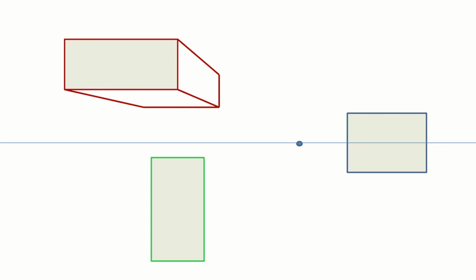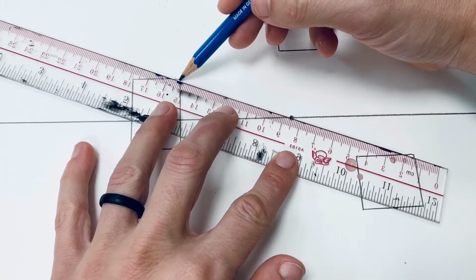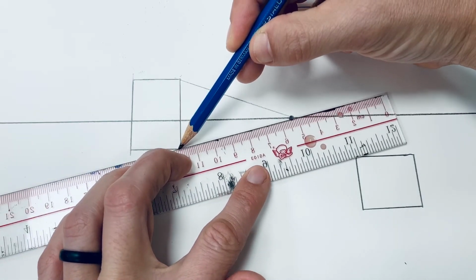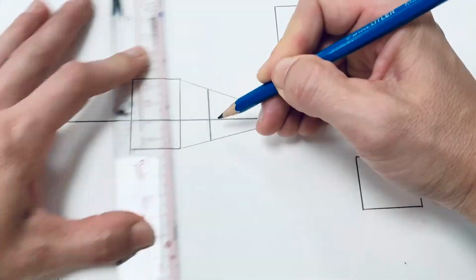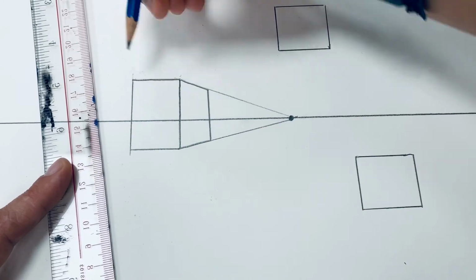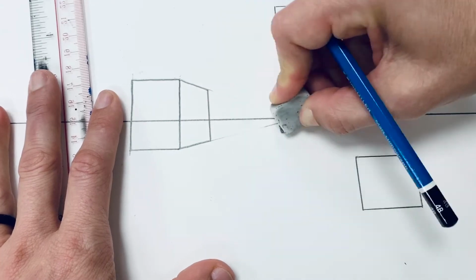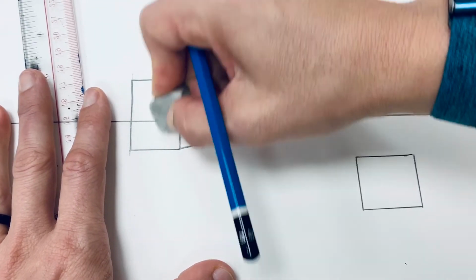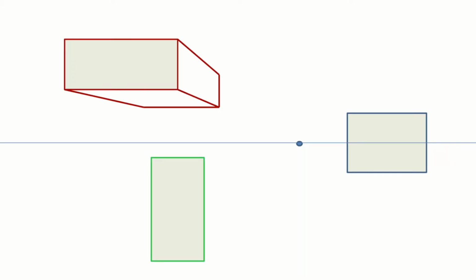And you now have a rectangle floating in air. Can you repeat this for the other 2 rectangles and see what you end up with?